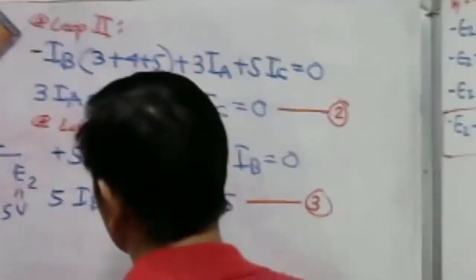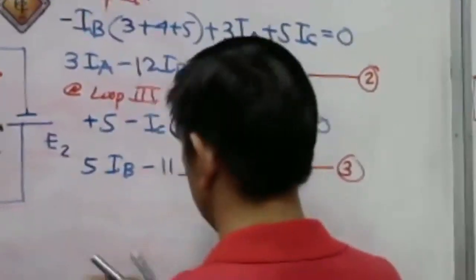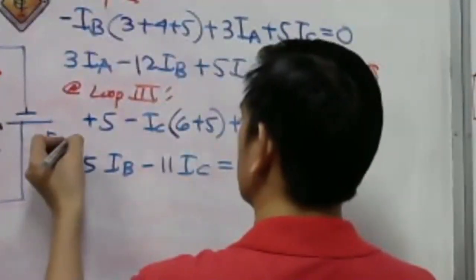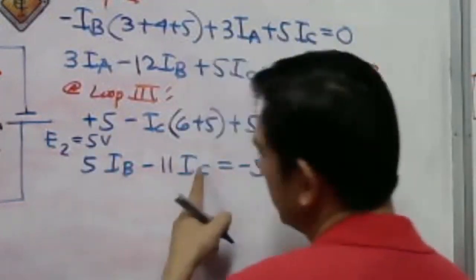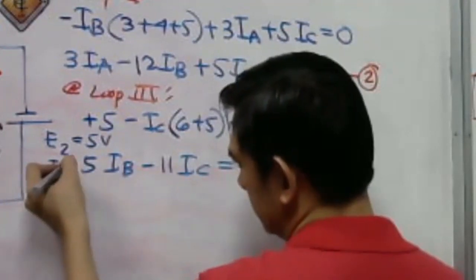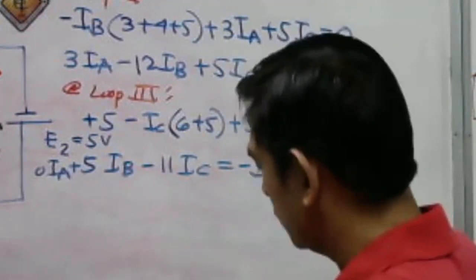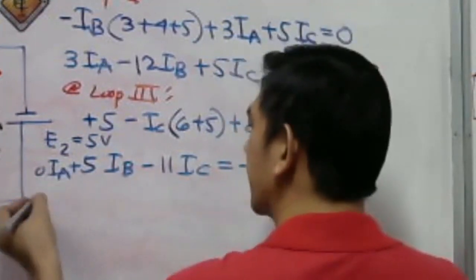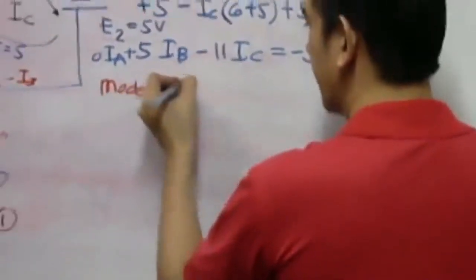Please take note that we don't have IA here, so just put 0 IA, for our calculator. We can make use again of the calculator, mode 5-2.